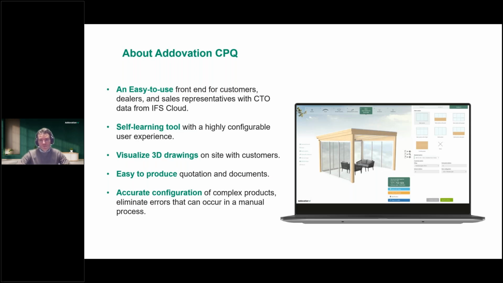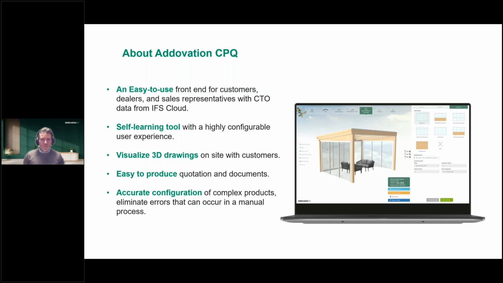It's easy to use either for your end customers, for your dealers, or your own sales staff. And we use data either from within the system, or if you're connected to, for example, IFS Cloud, we use the data that is in IFS Cloud in this case. And it also has a highly configurable user experience. We can adapt this to your products and your business.